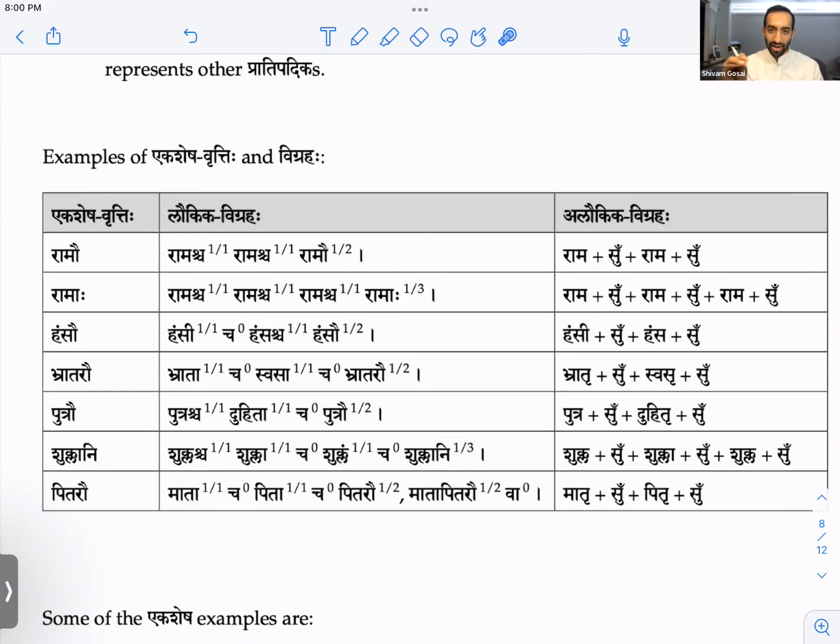So you keep one out of many. This is Ekaśeṣa. And it stands for all the other words that you left behind. You can also use a Samāsa called mata pitaro. You can make a Samāsa. Or you can say pitaro, which is called Ekaśeṣa, where you're keeping only one word.